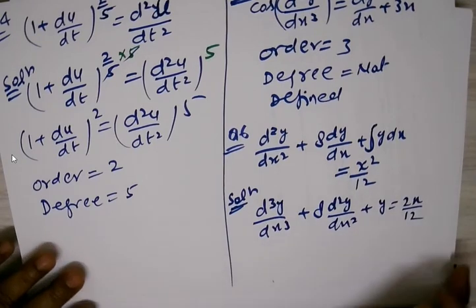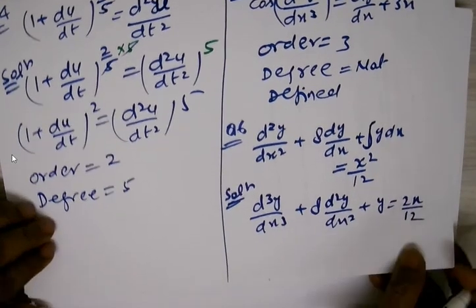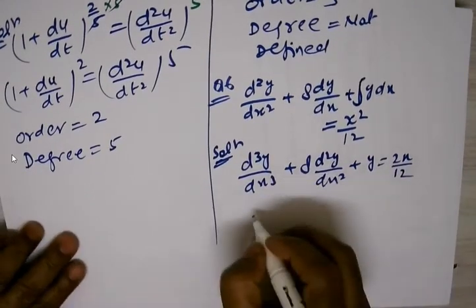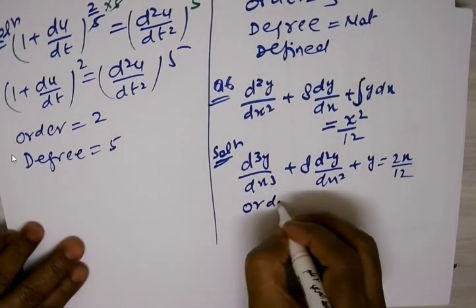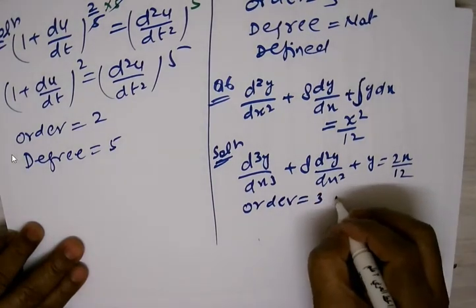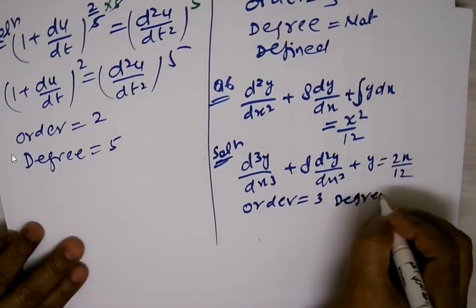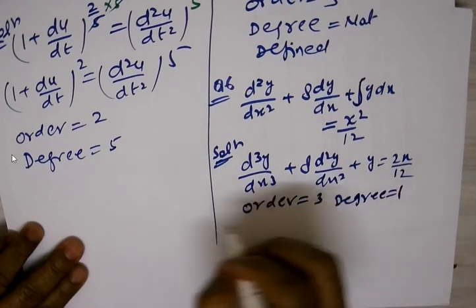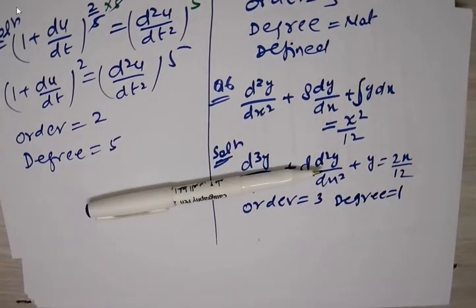Now you can write the order and degree. Order is equal to 3, and degree is equal to 1. So this is the answer. Hopefully you people understand. Inshallah I will discuss more after finishing this part.